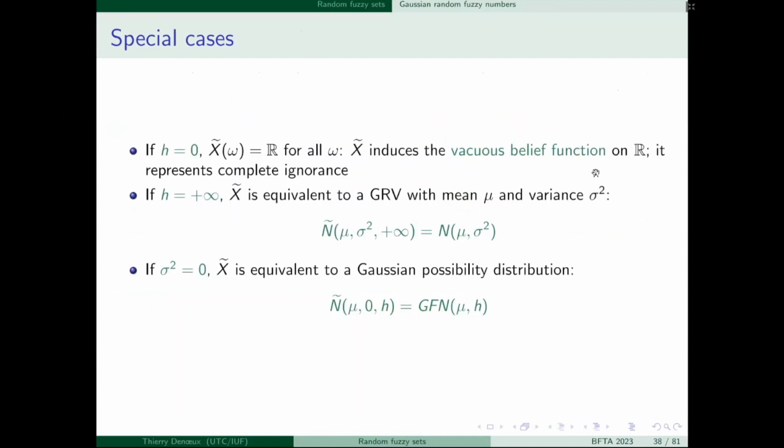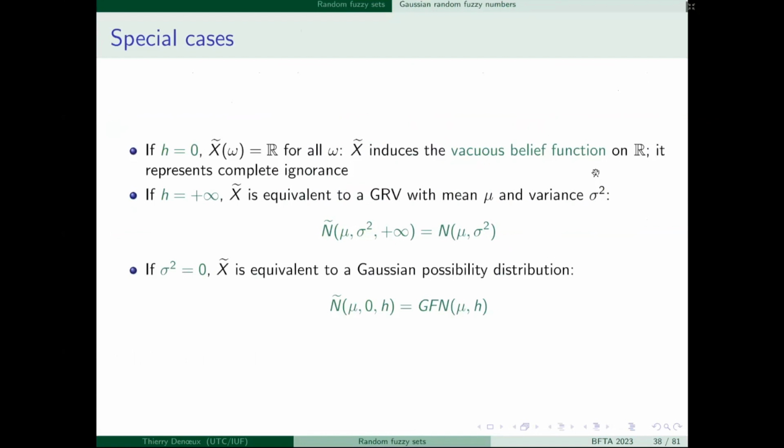So there are some interesting special cases. If H is 0, so if the precision is 0, in that case, the Gaussian fuzzy number becomes R itself, okay, because in that case, this becomes a degree of membership that is 1 for all x.